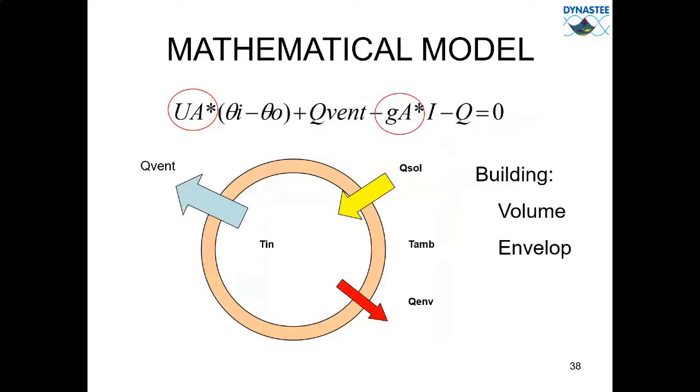In fact, here is shown what the mathematical formula is representing. All heat transfer characteristics are in one parameter, which is the UA on the left in the formula. The impact of solar radiation is put in the GA, solar aperture. It's also one parameter.